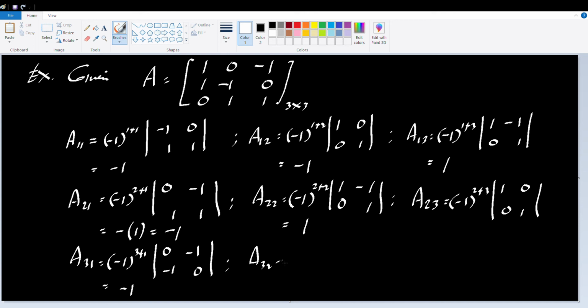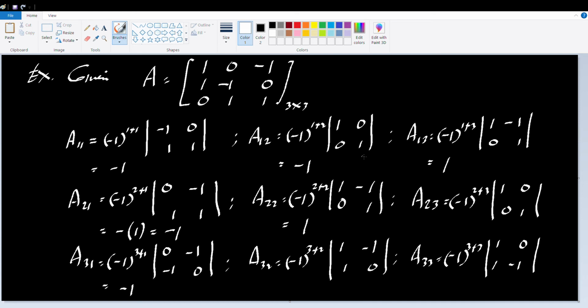Then A32, negative 1 raised to 3 plus 2, determinant of third row, second column: 1, negative 1, 1, and 0. Then lastly, we have A33, negative 1 raised to 3 plus 3, determinant of third row, third column: 1, 0, 1, negative 1.